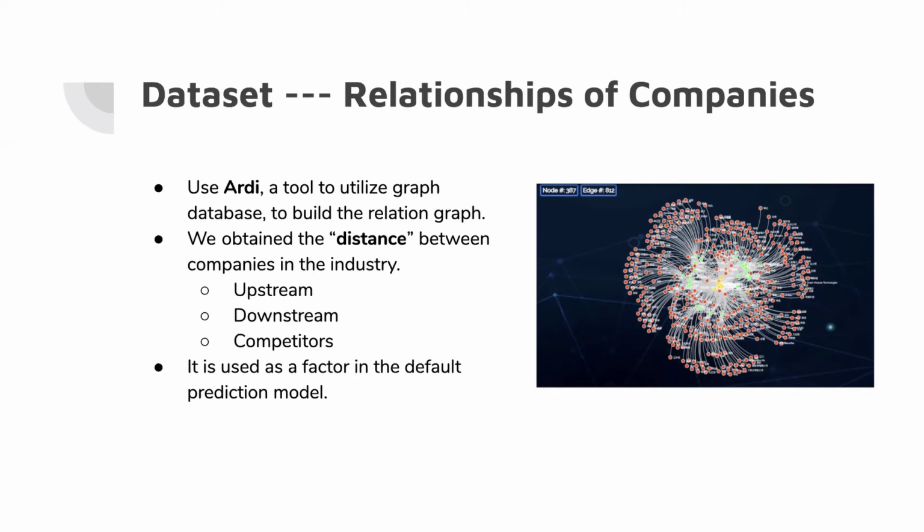And we separate this into three parts: upstream, downstream, and competitors. Since we think all these three facets will affect the relationship of the companies, we use these three numbers as factors and put them into the weight vector later.